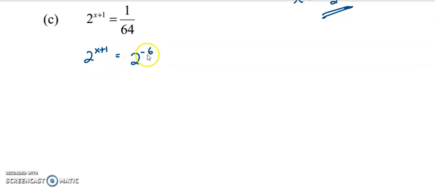So 2 to the power of negative 6 equals 1 over 64. They are equivalent. We are using the concept that we learned in questions A and B. By comparing the power on both sides, we solve for x. Then x equals negative 6 minus 1, that will be negative 7.